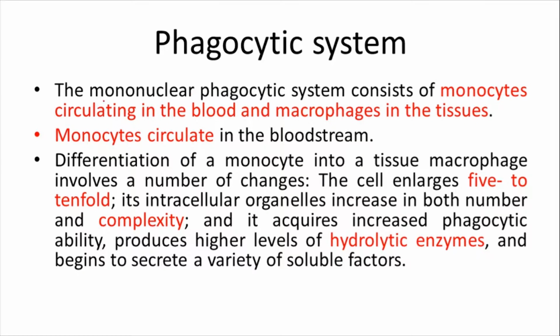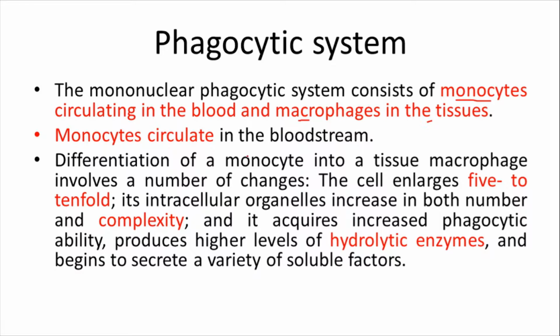All are mononuclear, so it's called the mononuclear phagocytic system. It consists of monocytes, a member of the phagocytic system. The monocyte circulates in the blood, and when it sometimes crosses the endothelial cells, it is called a macrophage.